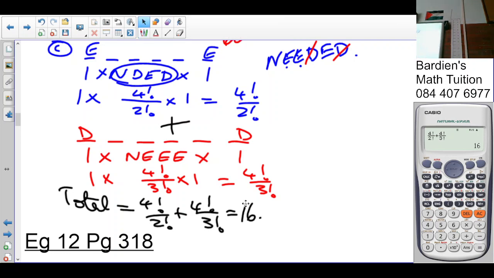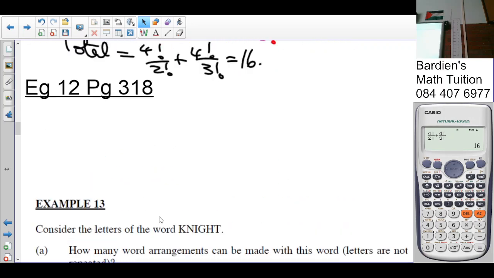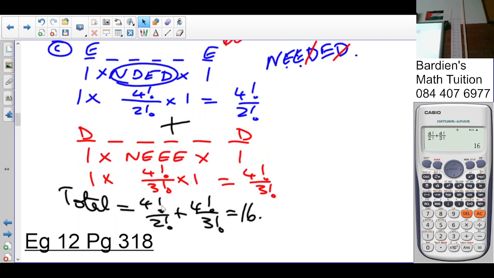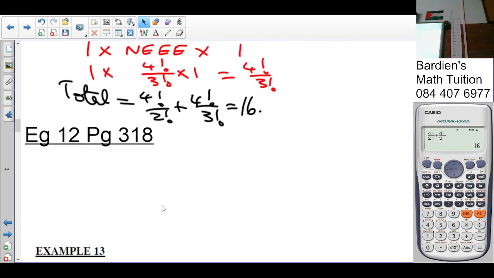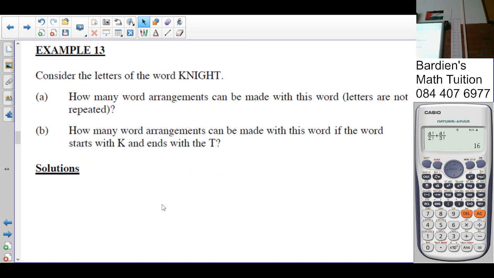Very simple, no? Easy. You guys understand? Want me to explain again? No, okay. Let's look at example 13.